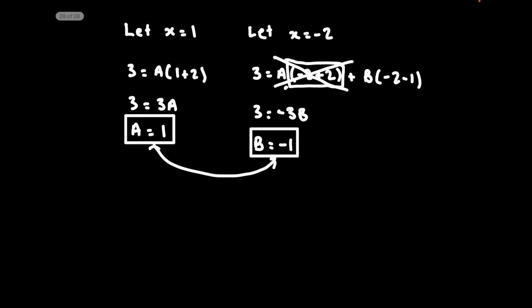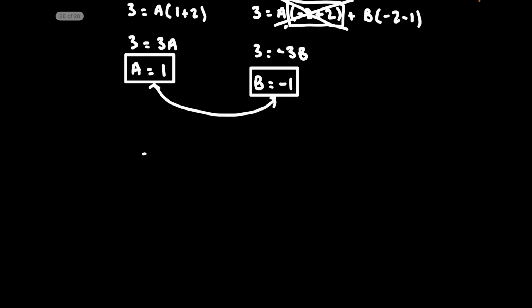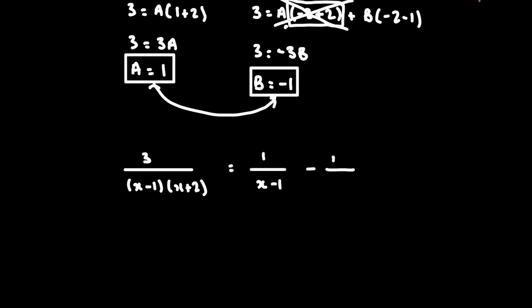So I can simply say that this fraction, 3 divided by x take 1 times x plus 2, is equal to 1 divided by x take 1 minus 1 divided by x plus 2. And if you're wondering where I got the minus from, it's plus minus 1 on x plus 2. And this simply just simplifies to this here.